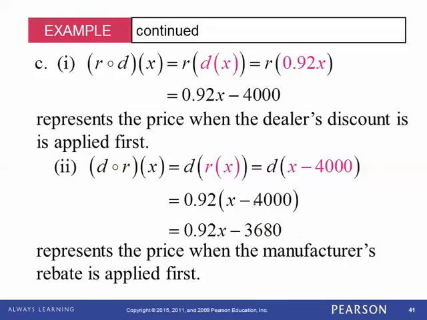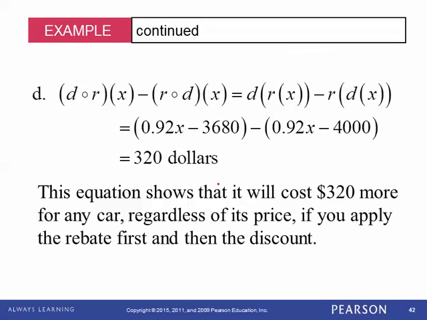Okay, so let's see. This one I'm knocking off $4,000. This one I'm only knocking off $36.80. So at this point in the equation, as you subtract the two, you find that this shows it will cost $320 more for any car regardless of its price if you apply the rebate first, then the discount.